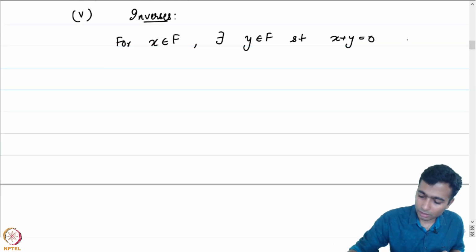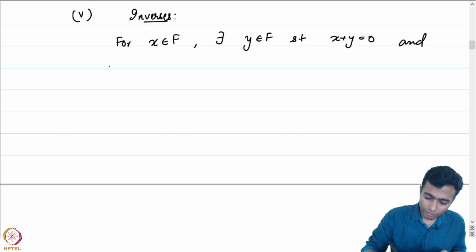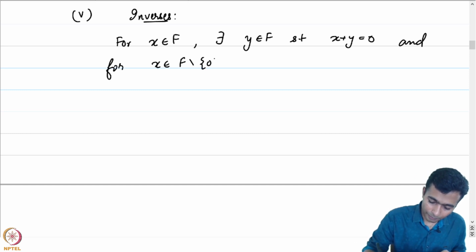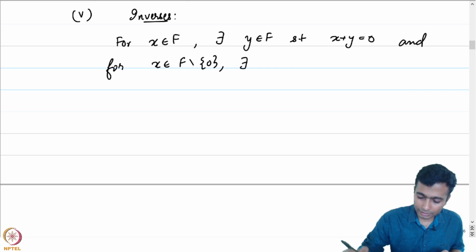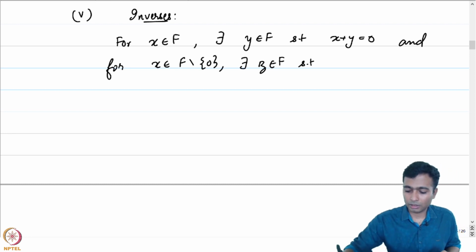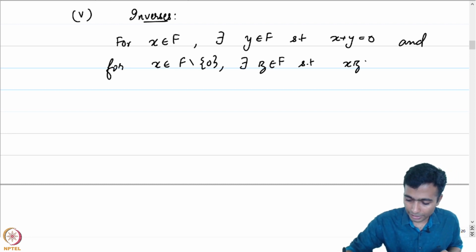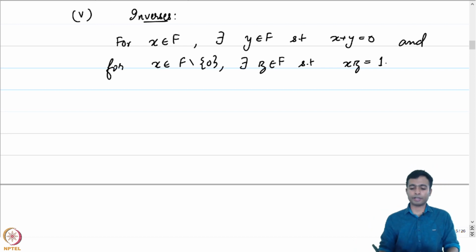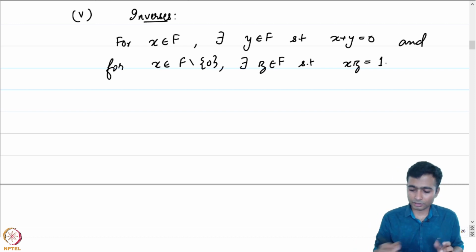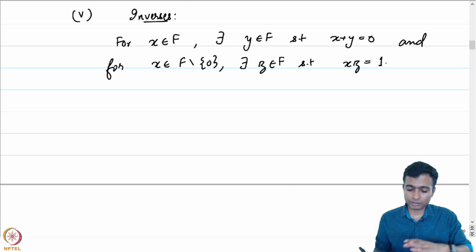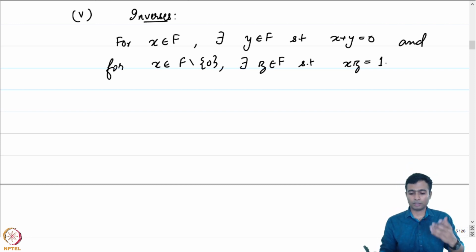And for x in F minus 0, there exists a z in F such that x times z is equal to the multiplicative identity. So the multiplicative inverse is existing only for non-zero elements in the field F.